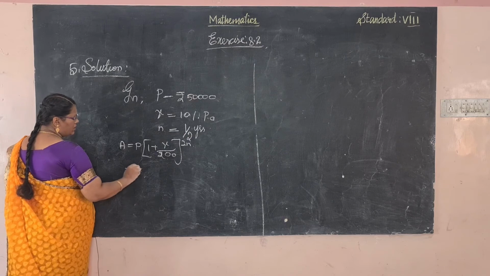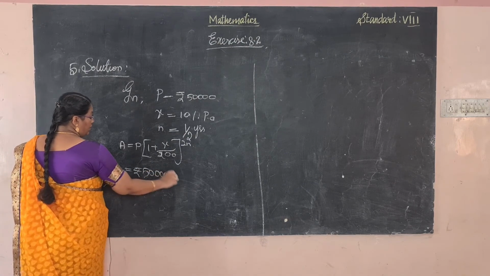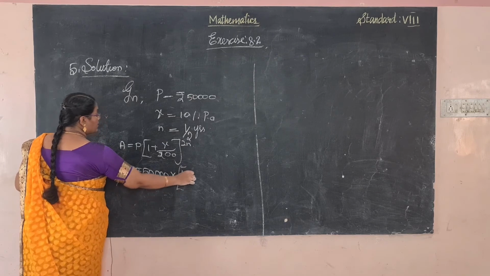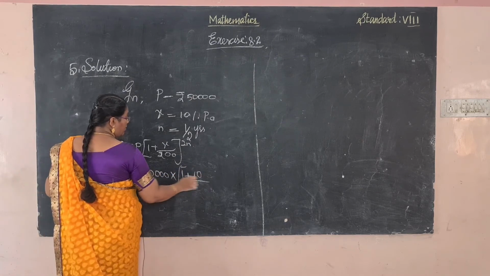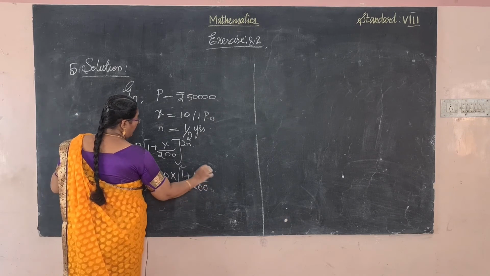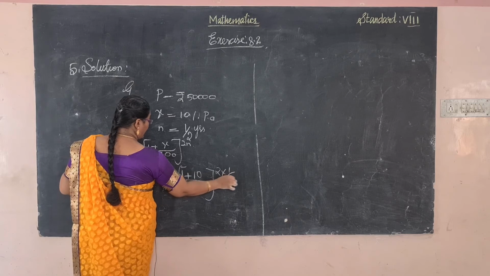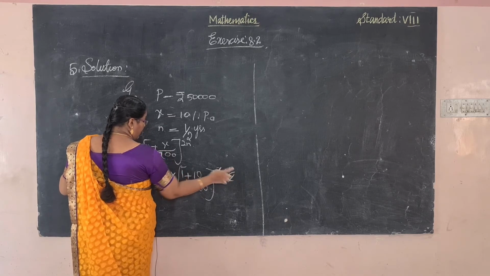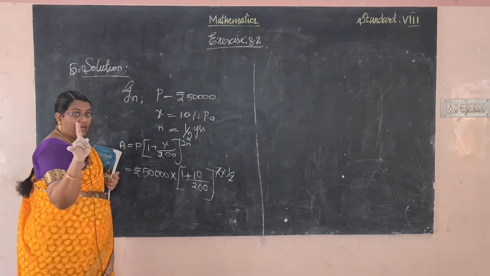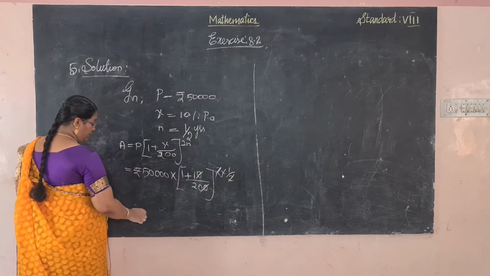P value is 50,000 into 1 plus R value 10 by 200 the whole power 2 into n value 1. So that means we have calculated the value for 1 year. It will be cancelled.